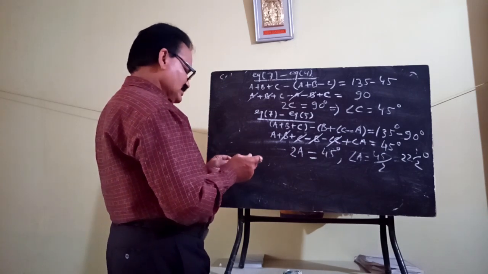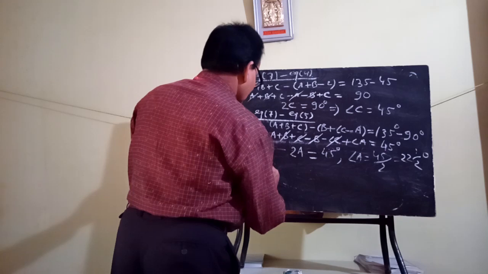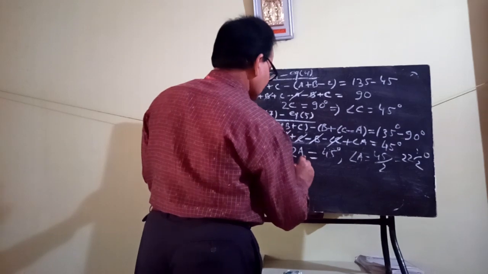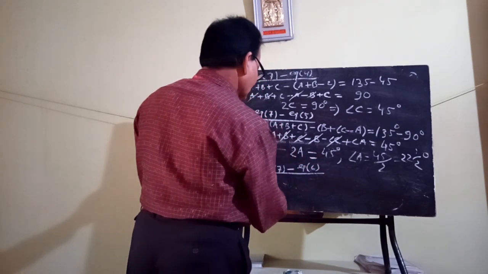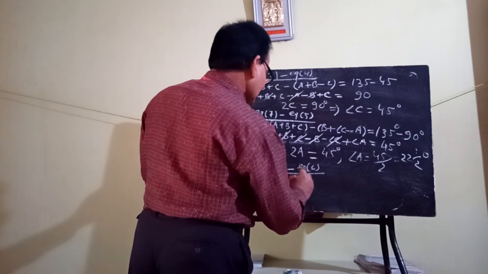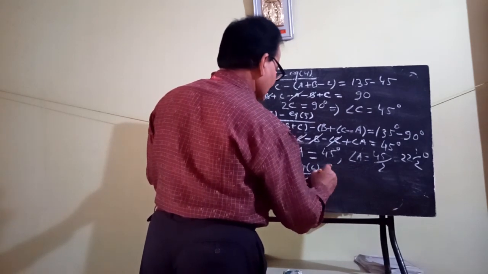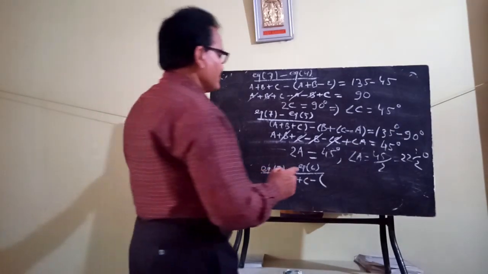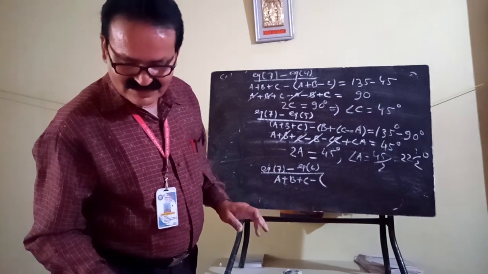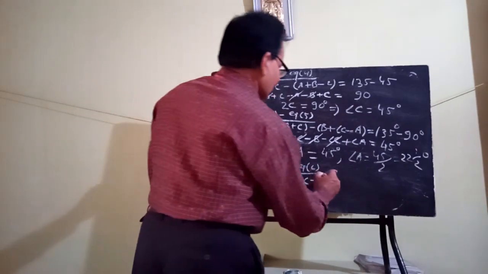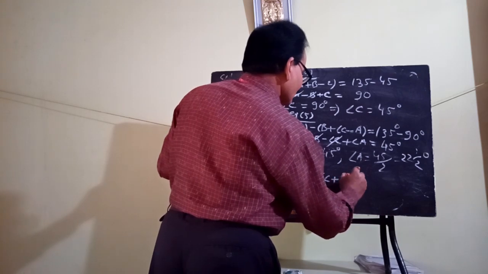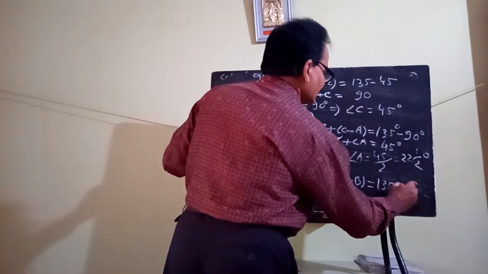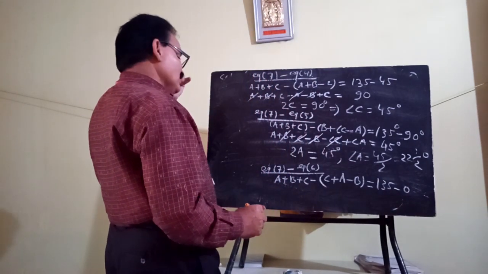And for angle B, equation 7 minus equation 6, what will happen? That is your a plus b plus c minus equation 6, which is c plus a minus b, equals 135 minus 0, because this part is 0.